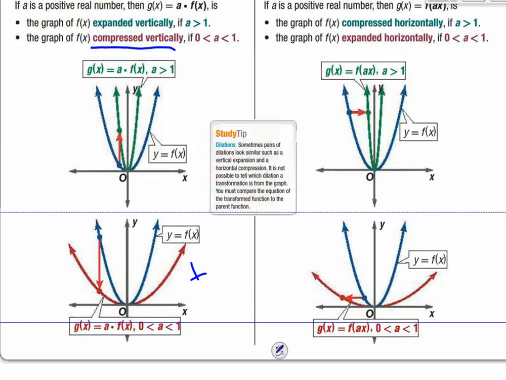So compressed vertically or expanded vertically. And you can see these little arrows right here. So this is saying it's taking that point from there and expanding it up vertically. And in this one, it's really taking that point and pushing it down vertically. So that's a vertical change as we're looking at that.